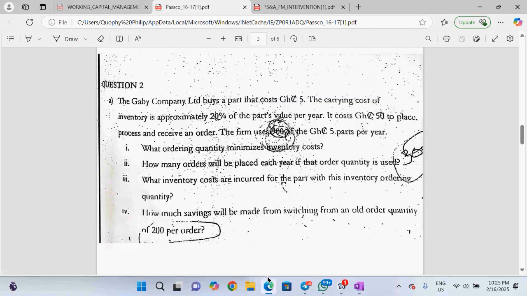And then the next part: what inventory costs are incurred for the part with this inventory ordering quantity? He is talking about the total cost.